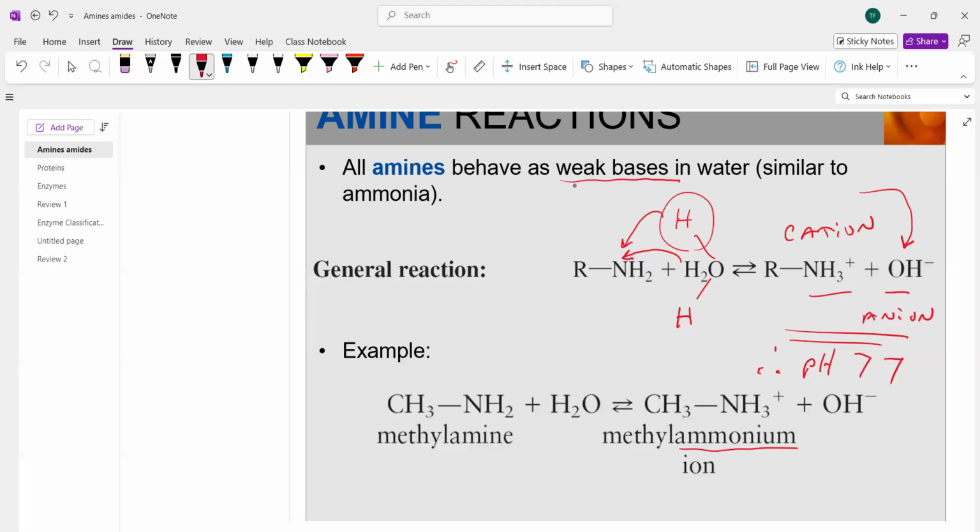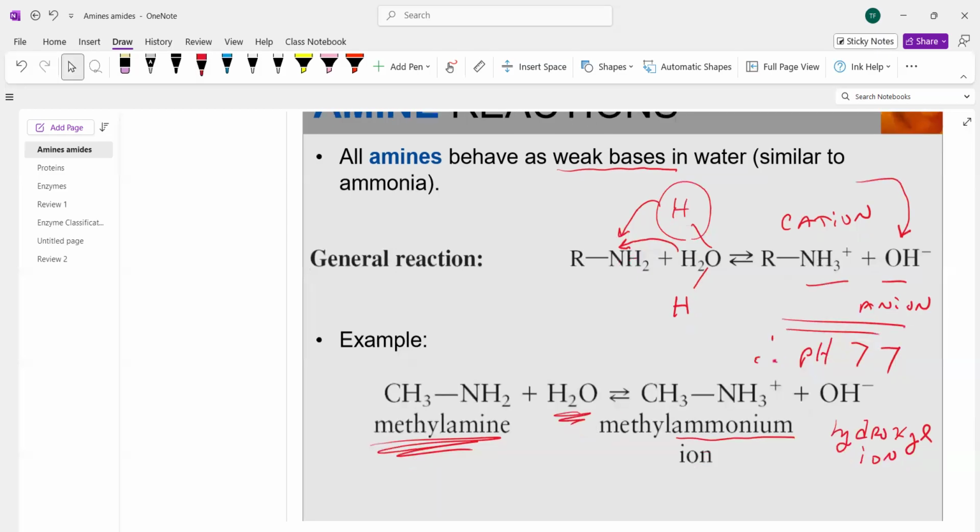Okay. So if we took, for example, methylamine in water, we form methylammonium ion plus a hydroxyl ion.